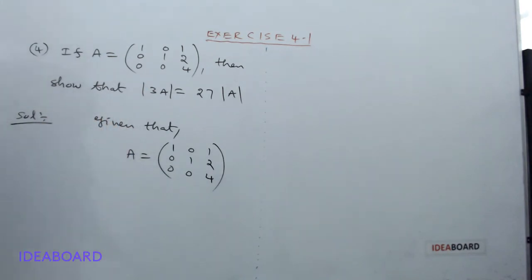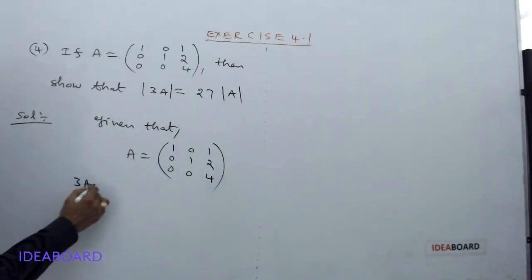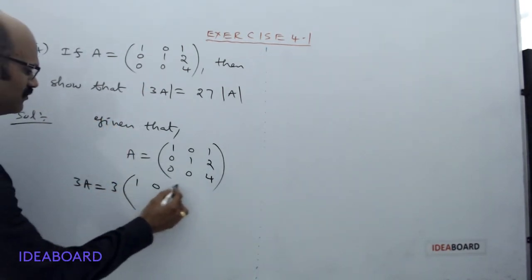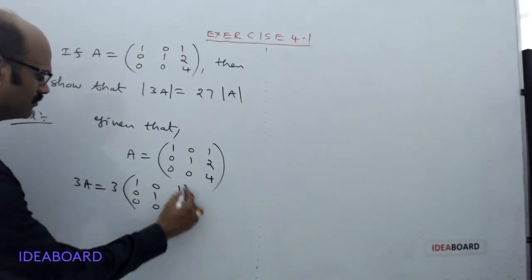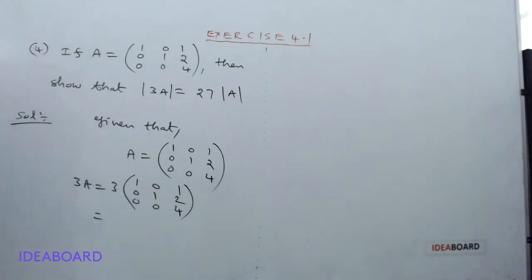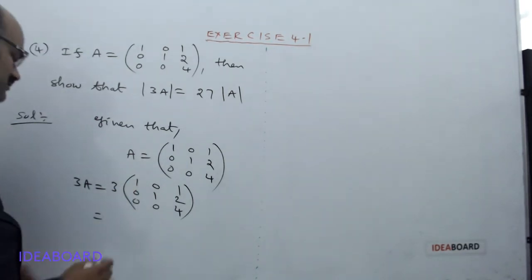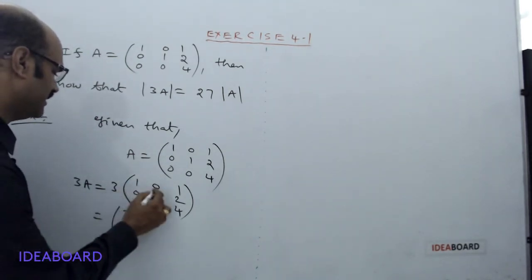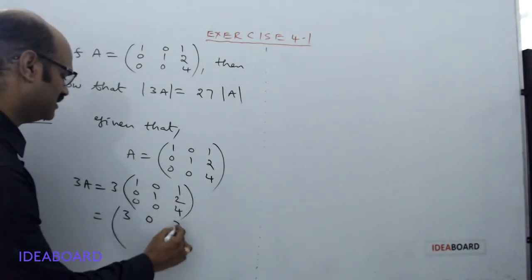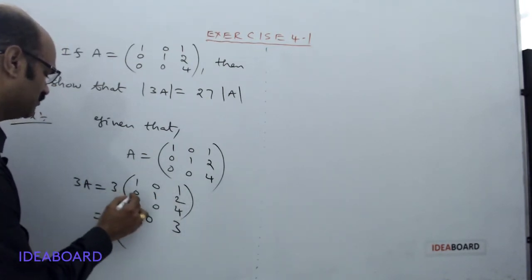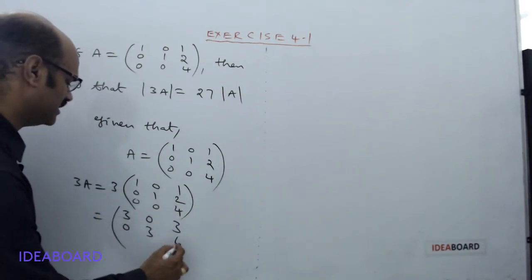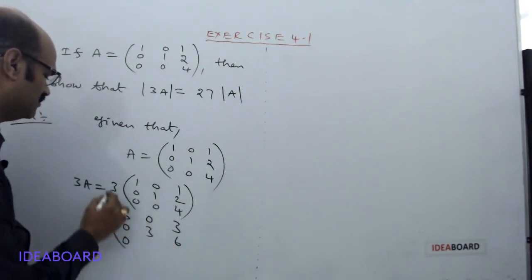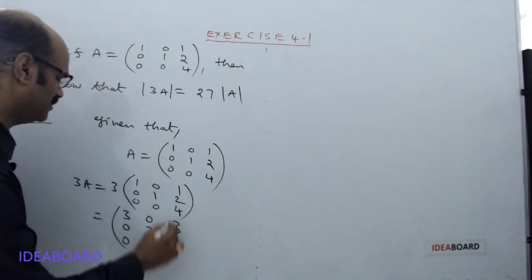So 3 into A equal to 3 into 1 0 1, 0 1 2, 0 0 4. When you multiply, we get 3 into 1, 3; 3 into 0, 0; 3 into 1, 3; 3 into 0, 0; 3 into 1, 3; 3 into 2, 6; 3 into 0, 0; 3 into 0, 0; 3 into 4, 12.